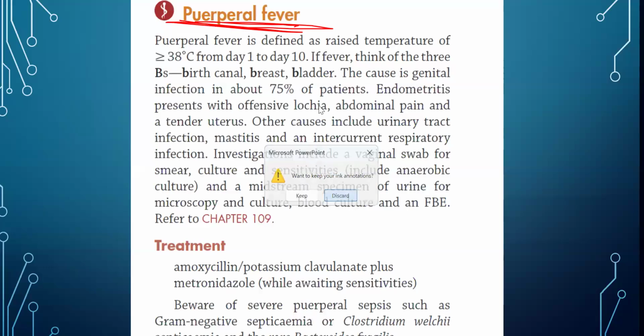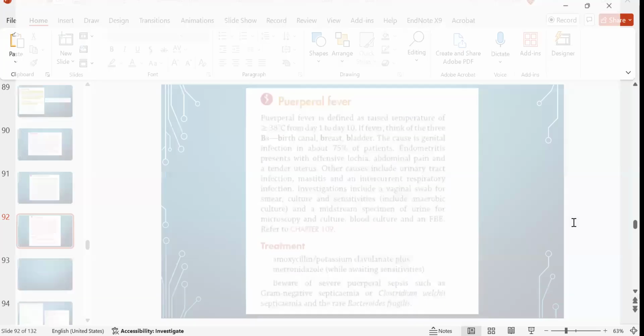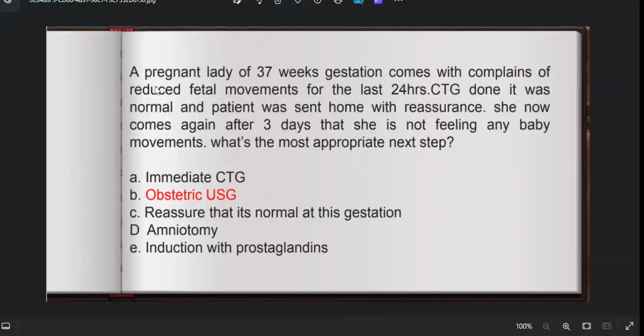Now, if we go into that question: a pregnant lady, 37 weeks gestation, comes with the complaint of reduced fetal movement for the last 24 hours.